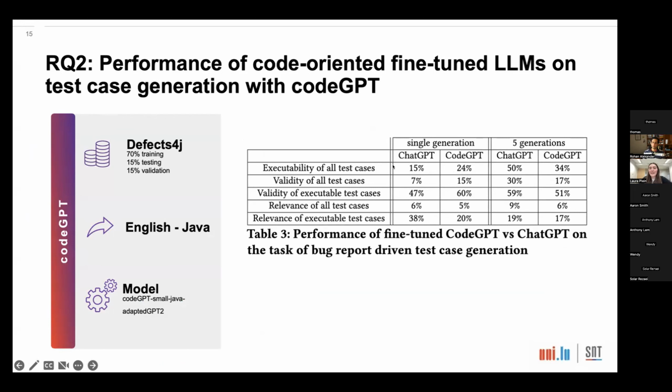However, if we performed multiple generations, then the executability was actually higher with ChatGPT. So with ChatGPT, we had a much bigger variation between 1 and 5 generations, which is actually normal because ChatGPT has seen much more data and is used to giving more diverse output.